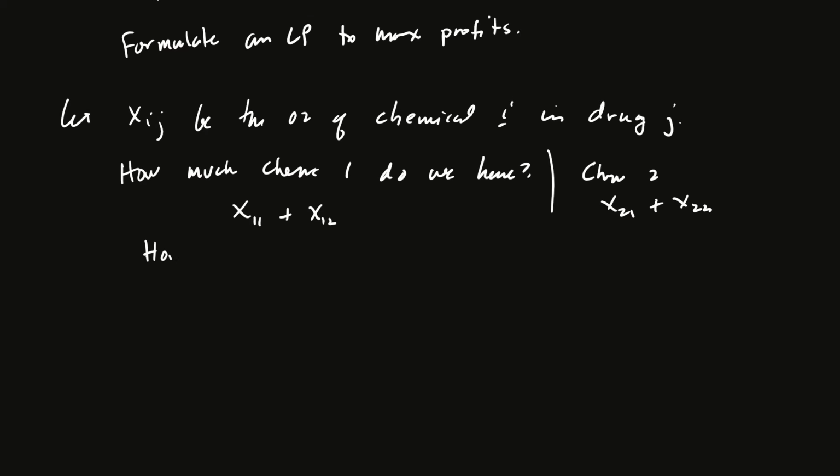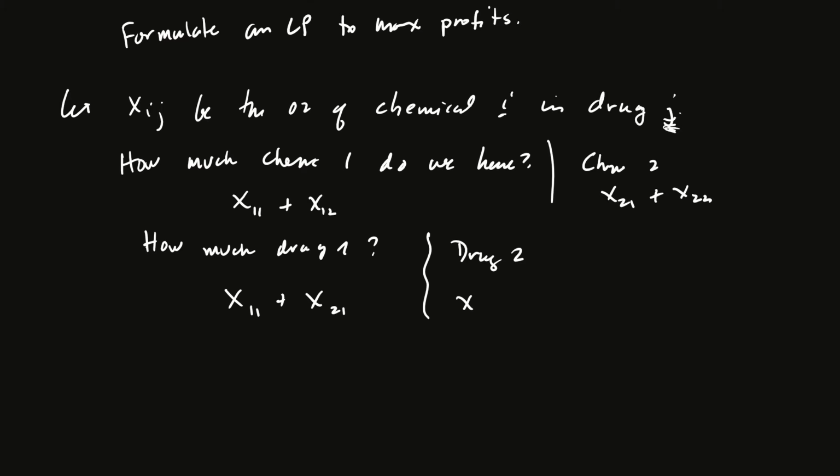And how much drug 1 do we have? Drug j is the second subscript, so that would be X11 plus X21. And then drug 2 would fix the second subscript to be 2, so that's X12 plus X22.